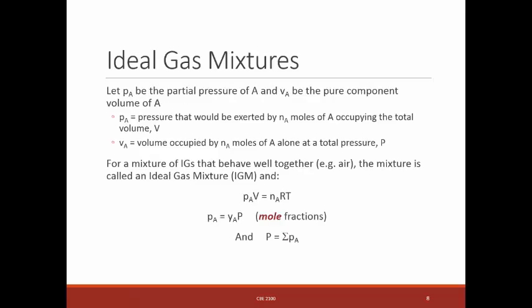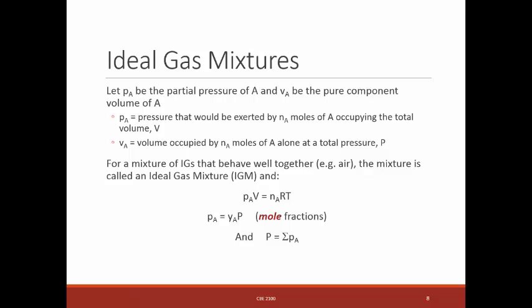Now one last topic for today, the ideal gas mixtures. We are going to frequently talk about mixtures of gases. In fact, we've already done this. Air, we consider air to be an ideal gas. It's a mixture of oxygen and nitrogen. Whenever we're dealing with ideal gases, I've already told you that we never use mass fractions, we use mole fractions when talking about these.